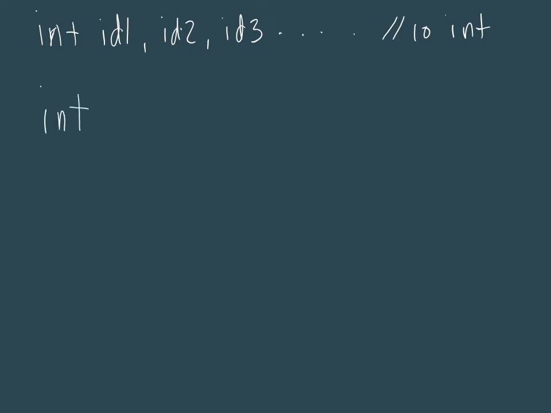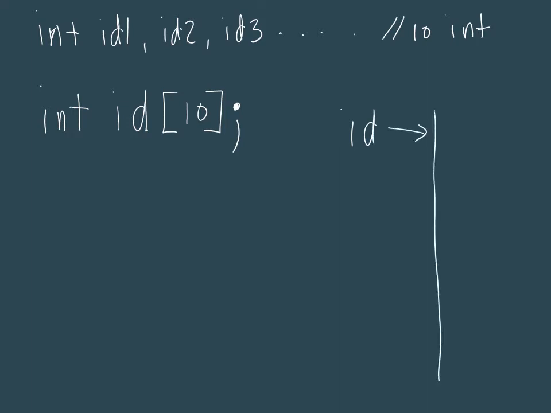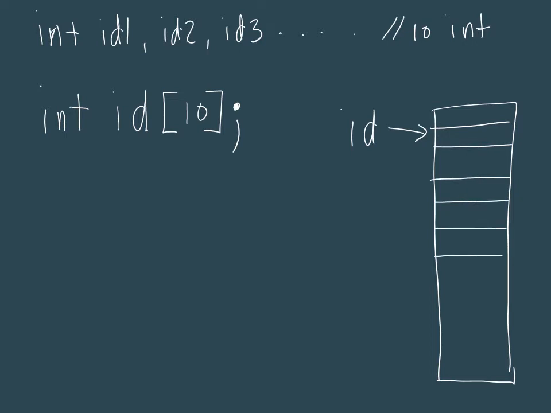So I declare my data type is int. The name of my variable, my array, this is called an array, is called ID. And I put in square brackets how many I want. So what I get here is a pointer called ID that's going to point to a location in memory, and it's going to point to 10 consecutive IDs in memory.